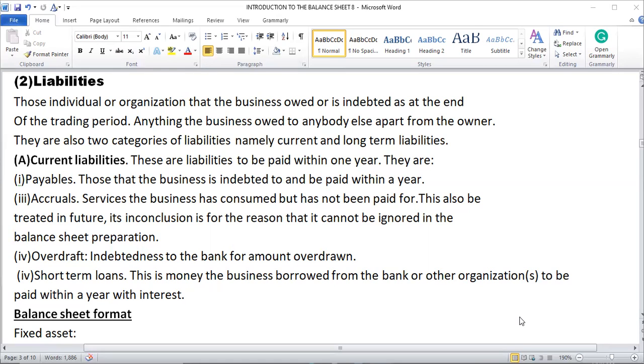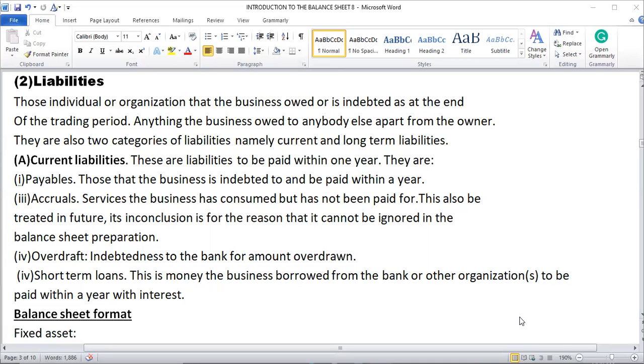Liabilities. Liabilities are those individuals or organizations that the business will be indebted to within the trading period. We also have two types, the current and non-current liabilities.